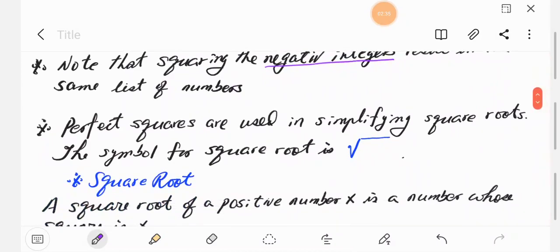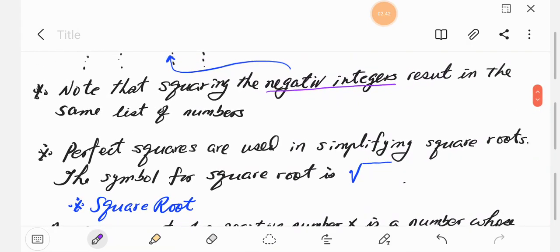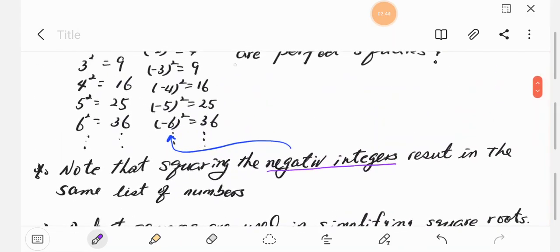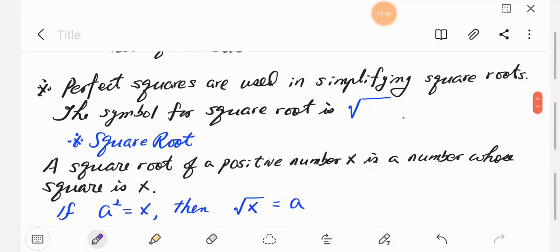These numbers 1, 4, 9, all these perfect squares, are used in simplifying square roots.